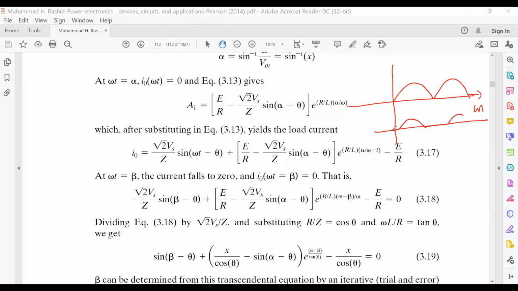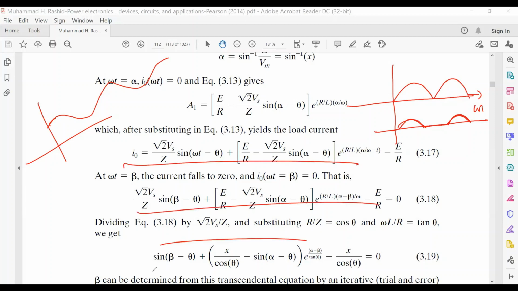It is not continuous but discontinuous. If the value of the inductance is low and the value of the resistance is high, then you will not get the current like this, it is continuous current, but you will get the discontinuous current. And for this one, you can also find out the expression of all these things.